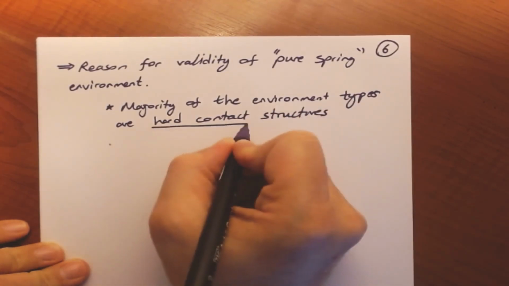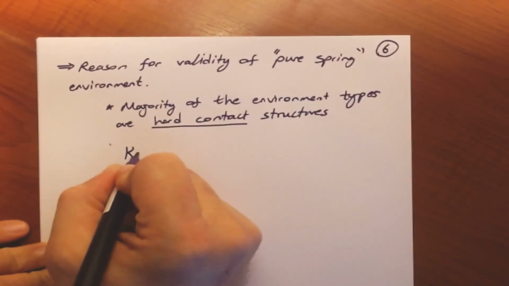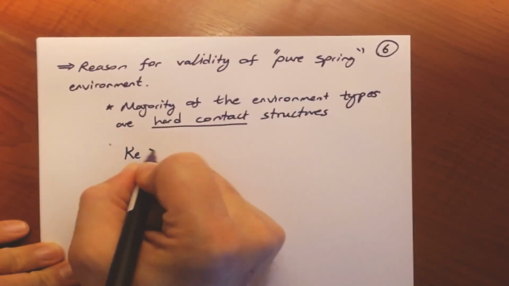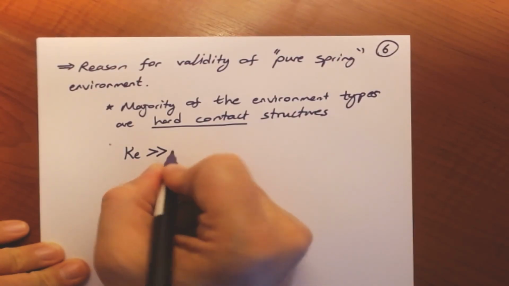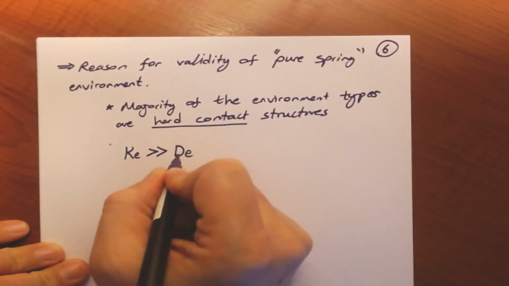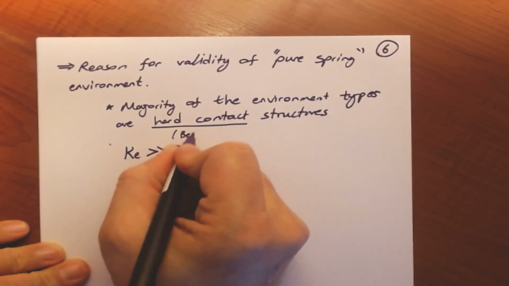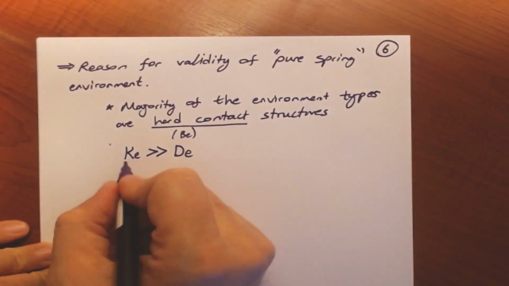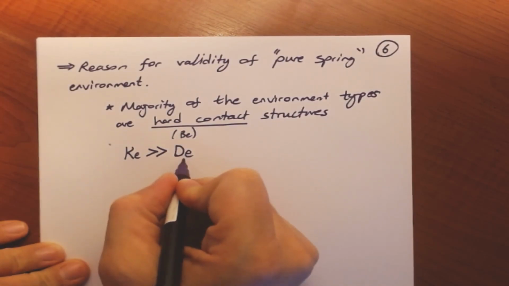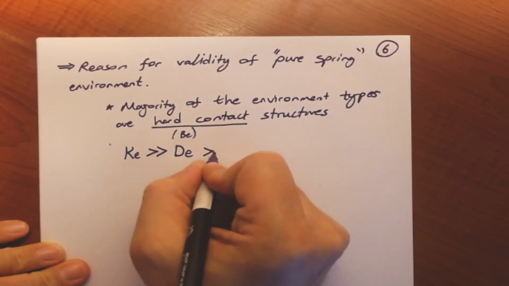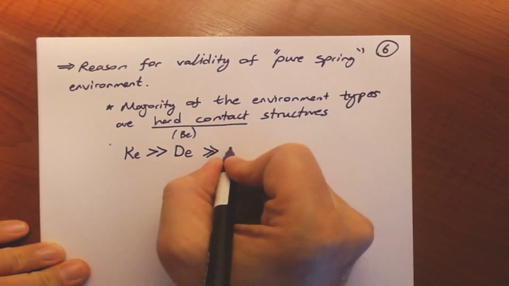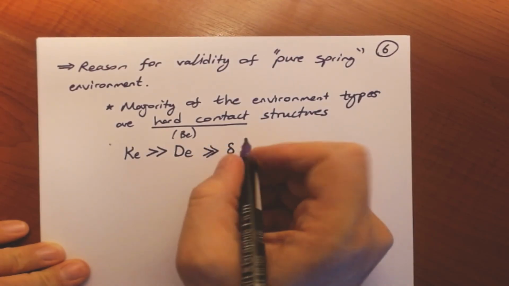What I mean by hard contact is this: Ke is much bigger than the environment damping. You can call it either DE or sometimes I call it BE.